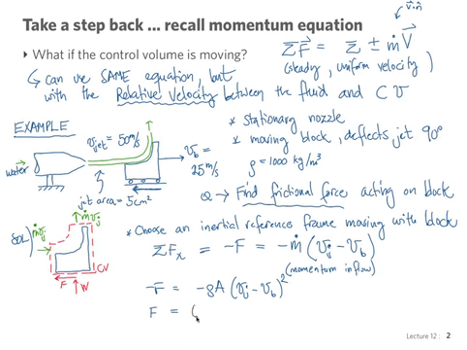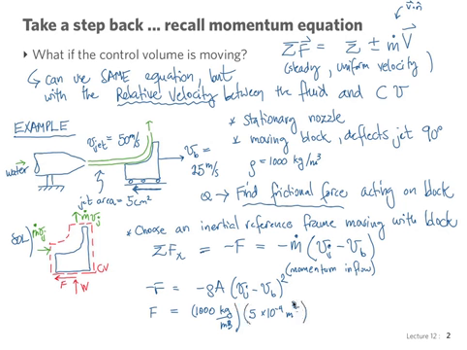So now we can calculate this. I'm getting rid of those minus signs on both sides of the equation. 1,000 kilograms per cubic meter. And the area is given as 5 square centimeters, but let's move it to square meters, so times 10 to the minus 4 meters squared.